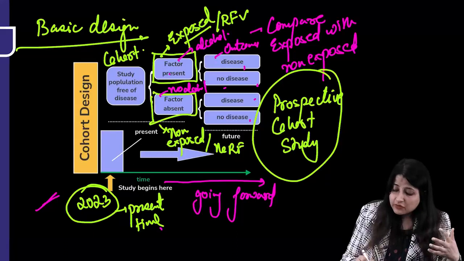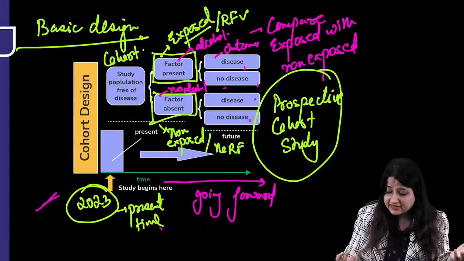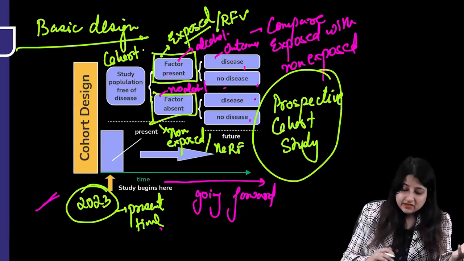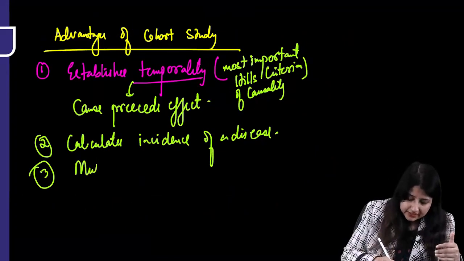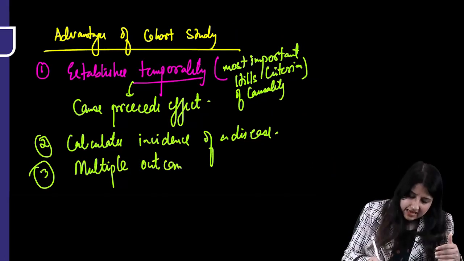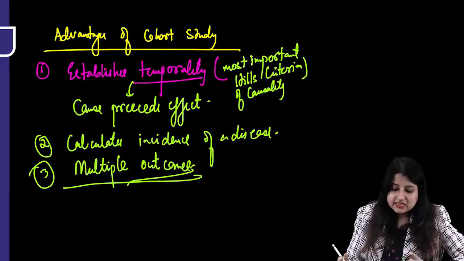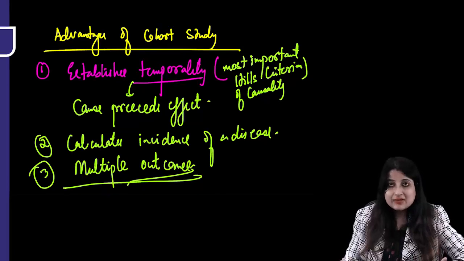So, you can study over here CVD, you can study lung cancer, you can study any other disease, any other cancer. It also helps you study multiple outcomes. So these are the three very important advantages: establishes temporality, calculates incidence, and multiple outcomes.